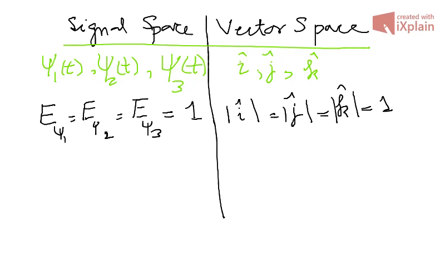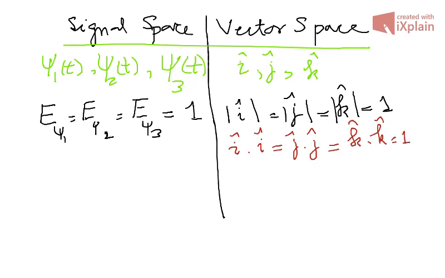Now another important property is their dot product. We say that the dot product of these vectors, for example, i dot i, is the same as j dot j, and the same as k dot k, and all this is unity.